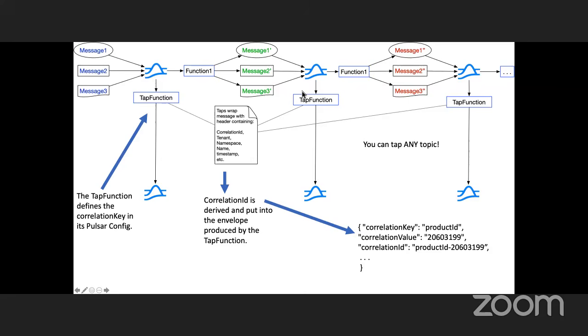I guess there may be some creative ways that you could stick that message in there somehow, and so you could tie the aggregation to the message, but that's out of the scope of this presentation. The idea here is it's inspecting the message and then creating this correlation ID. The reason that we append the key to the value is to prevent collisions, because potentially you could have a user ID that has the same number as the product ID, and you don't want to confuse that.